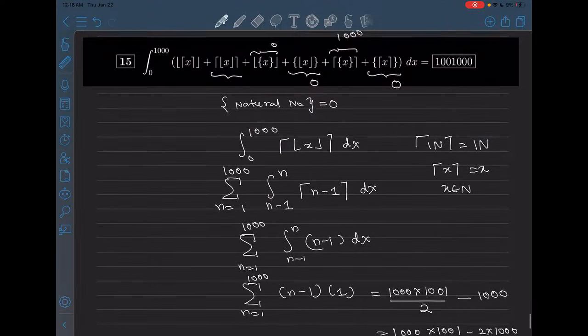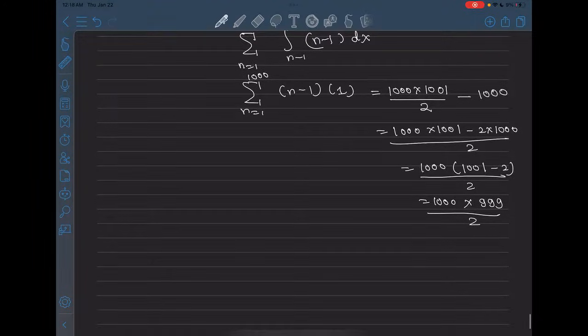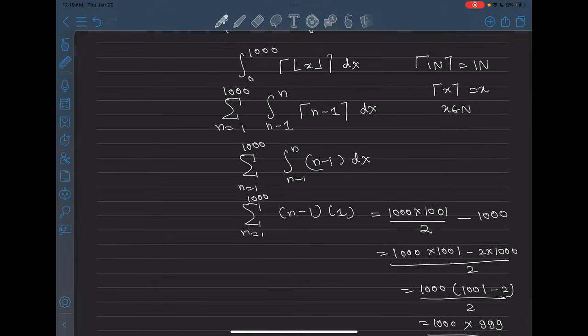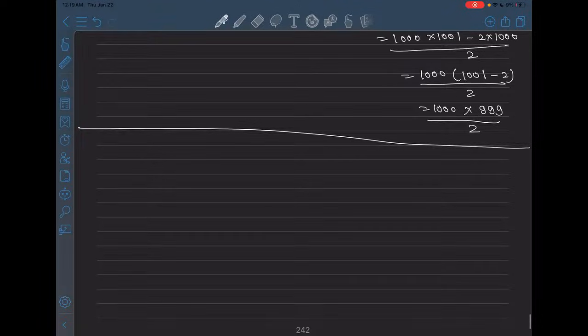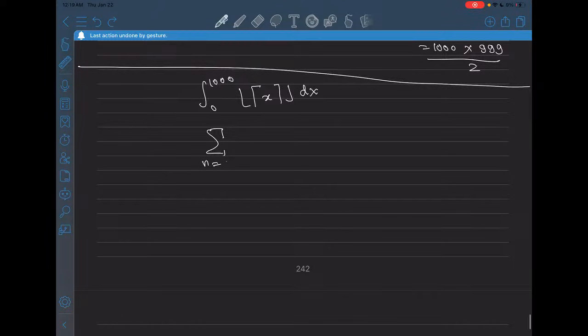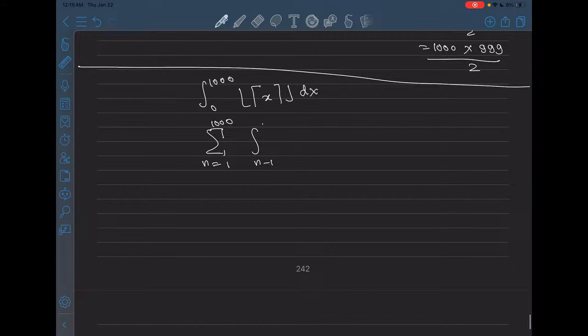Now let's do the other part. So we did for ceiling of the floor. Now let's do for the floor of the ceiling. So 0 to 1000, floor of the ceiling. Okay, we'll do the same approach. We will break this as sum from n equals 1 to 1000, and the integral from n minus 1 to n.